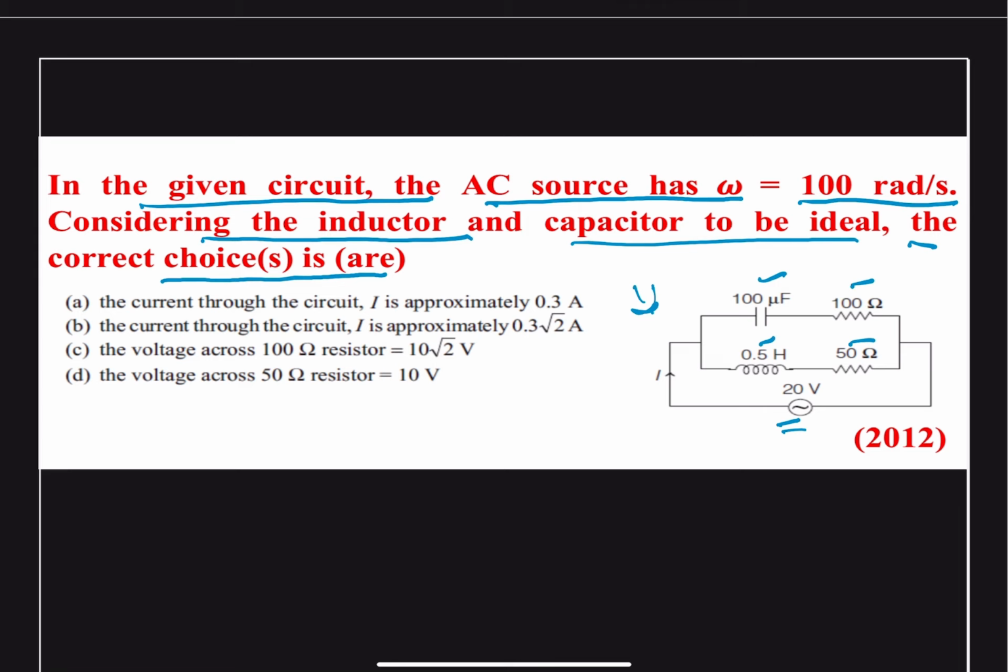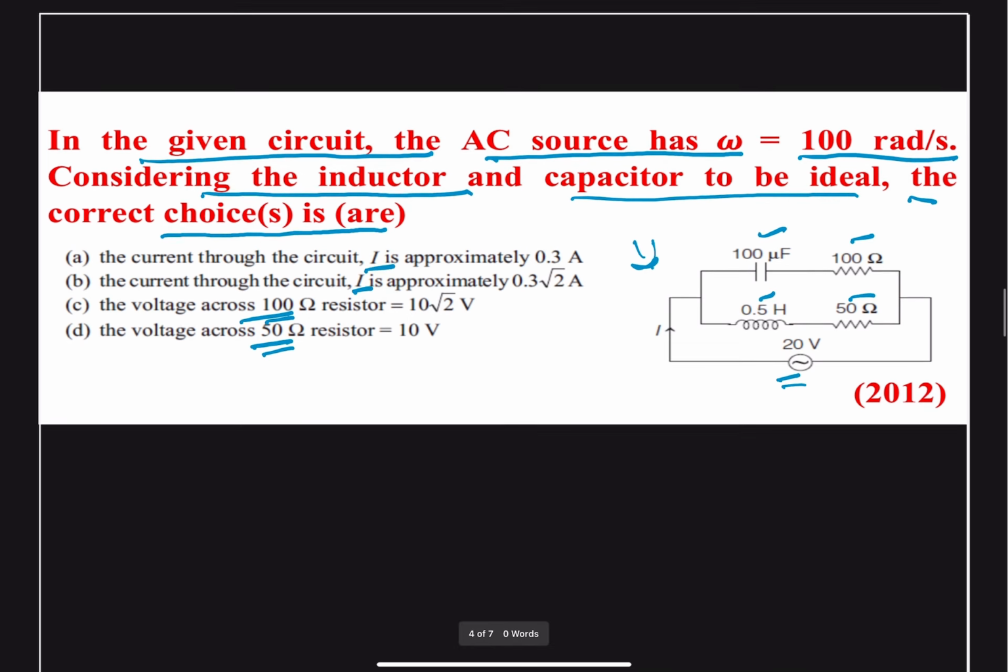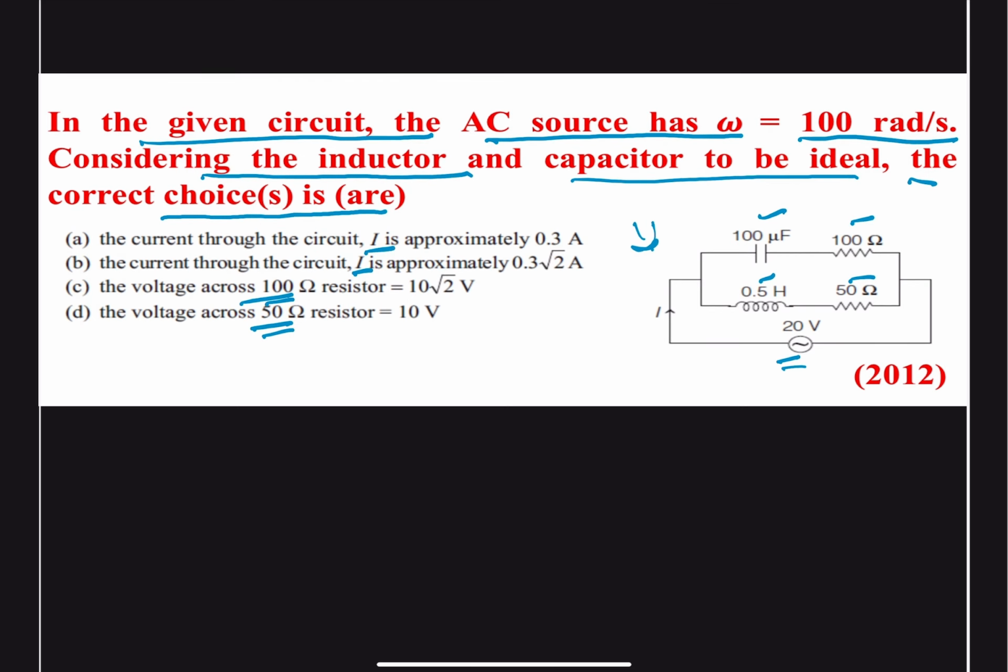So we have to find out the value of the current, and we have to find out the voltage across the 100 ohm resistance as well as the 50 ohm resistance, and this is a multi-correct question, so we are going to choose one by one. First of all, we are going to calculate the individual current flowing through each arm.